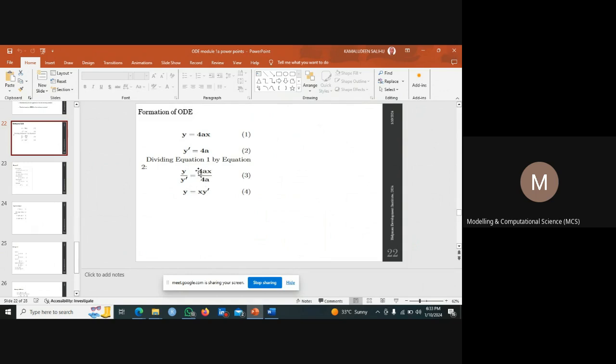So when 4a cancels 4a, you have only a single x. So then y will be equal to x y prime. And when you look at this equation number 4, you see that it is free from arbitrary constants. For that reason, it is an ordinary differential equation.